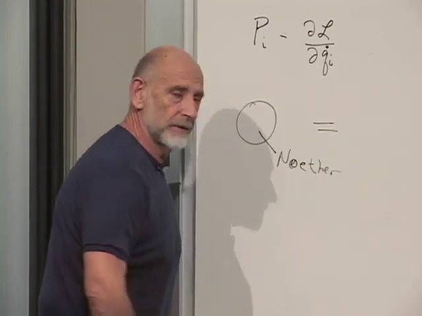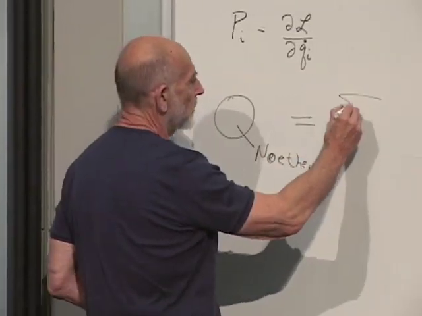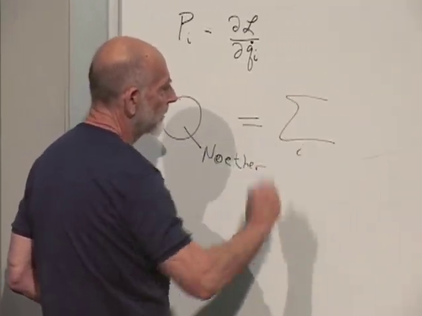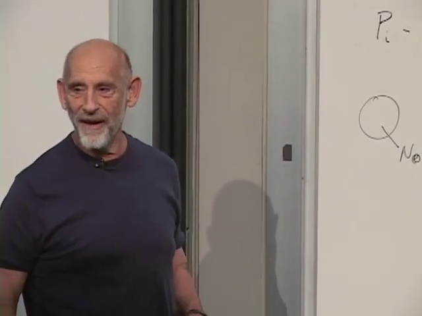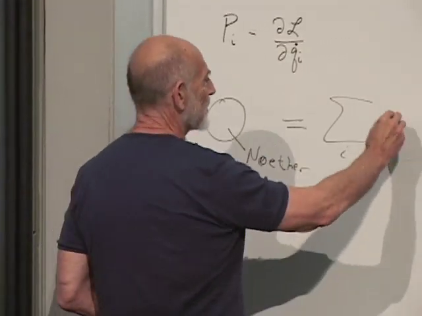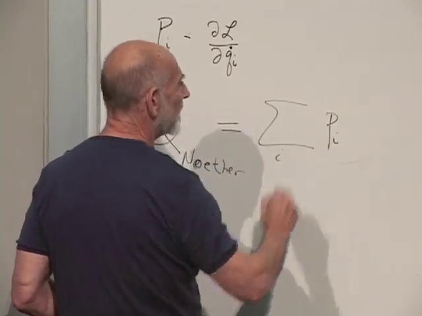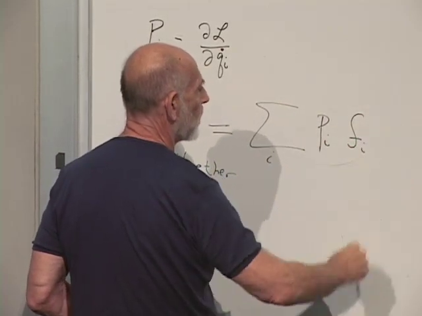Anybody remember what it is? It's first of all a sum over all the coordinates. They all transform. Nobody? Right, I didn't think you did. It's the ith momentum times the shift in the ith coordinate.